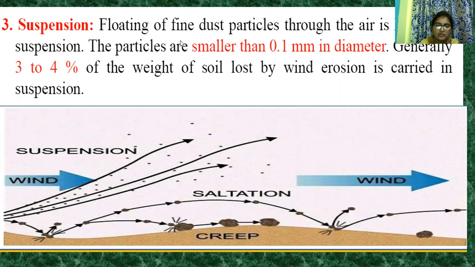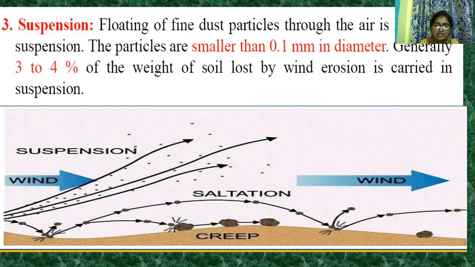Suspension means floating fine dust particles. Small dust particles carried through the air are known as suspension. These are very light particles, compared to large, heavy particles that stay on the ground surface, and the somewhat lighter particles that jump and come down on the ground surface.